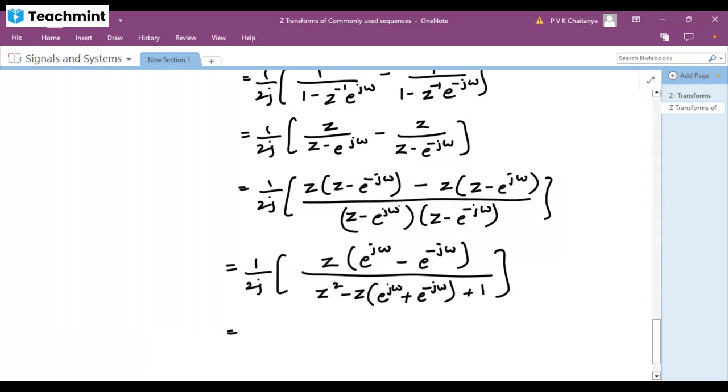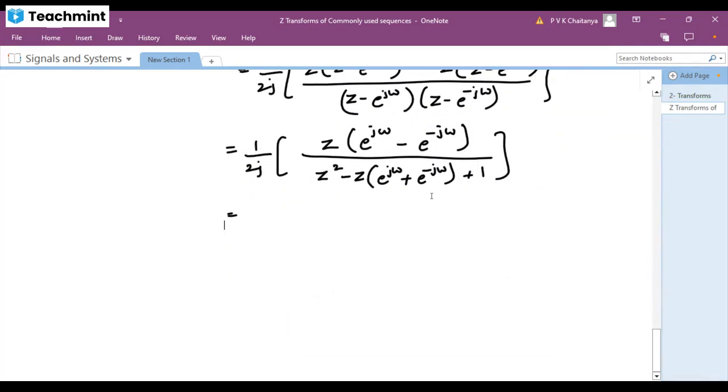So the numerator is e power j omega minus e power minus j omega. If I divide it by 2j, I'll get sine omega. So the numerator becomes sine omega, divided by z square minus e power j omega plus e power minus j omega, which we can write as 2 cos omega. So this becomes z square minus 2z cos omega plus 1.